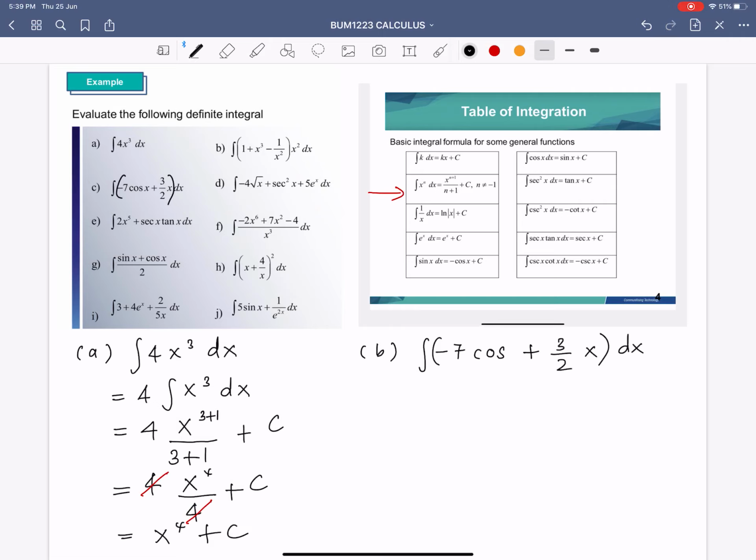All right, so this is equal to, remember we have the sum and difference rule. So in this case, we can apply the sum and difference rule.